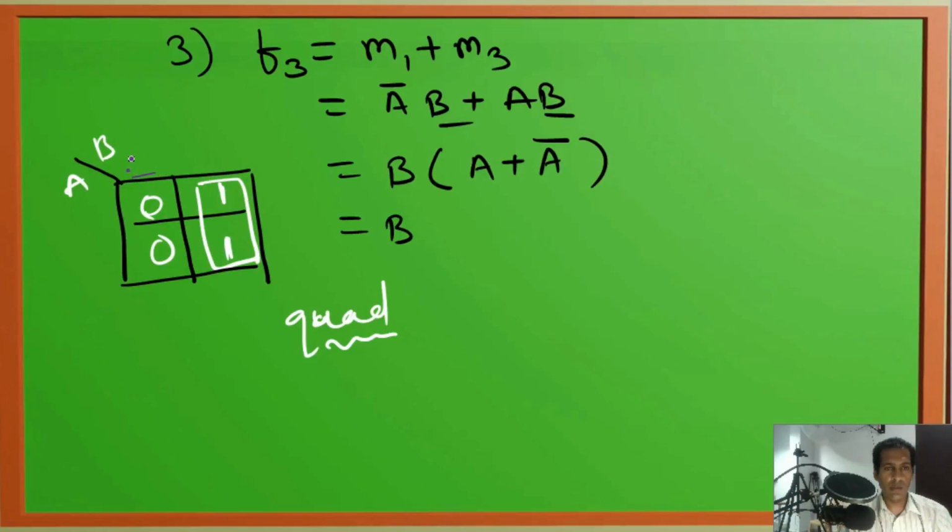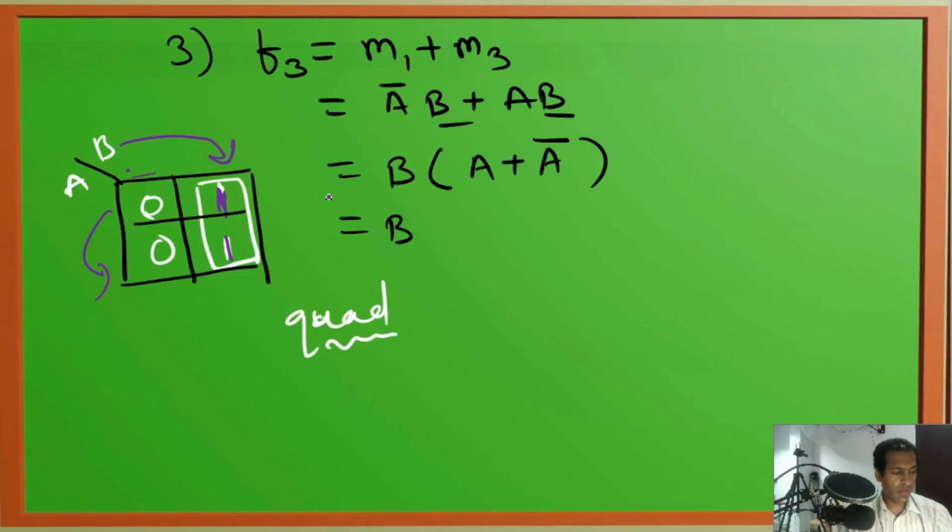Here this belongs to b. So b is 1, both the places constant. 1 represents direct b, not b bar. But on these two places a value is changing. So this will be b.